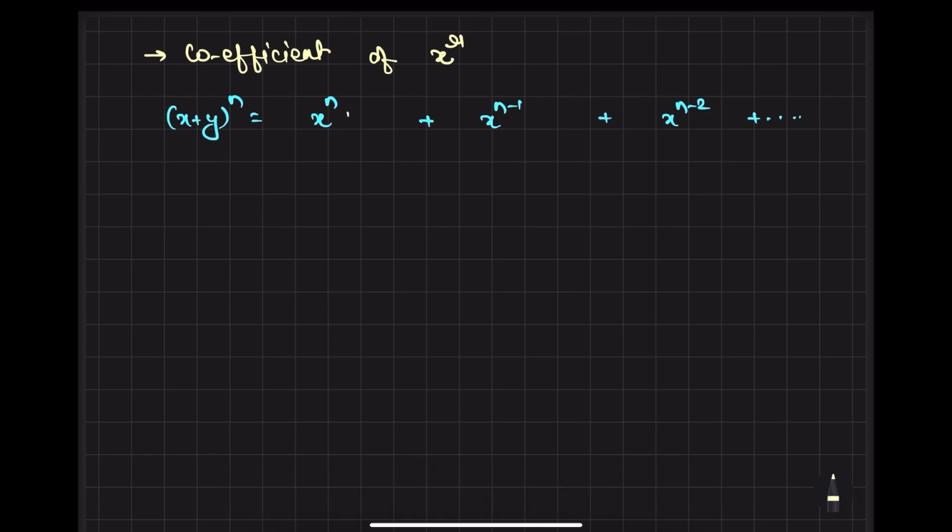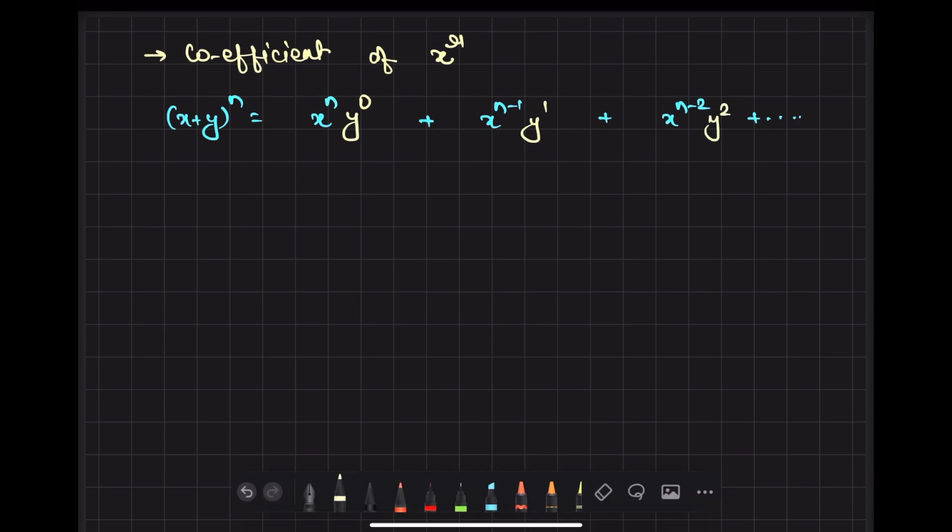Now you know that you will put minimum power 0 to y and keep on increasing it. Then we will give coefficients nC0 to the first element, nC1, nC2 and so on. Just try to observe your expression.